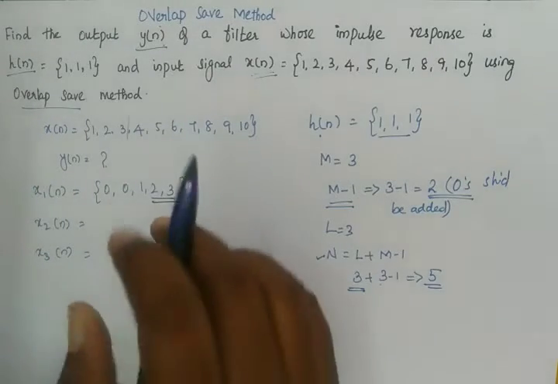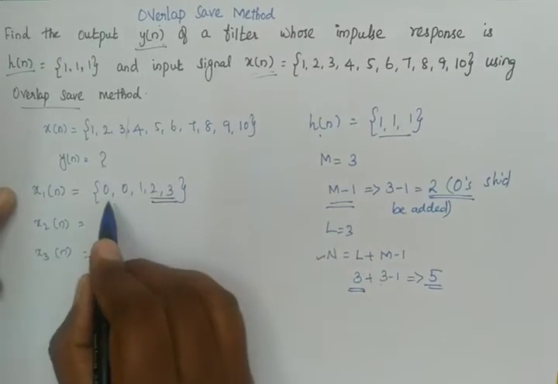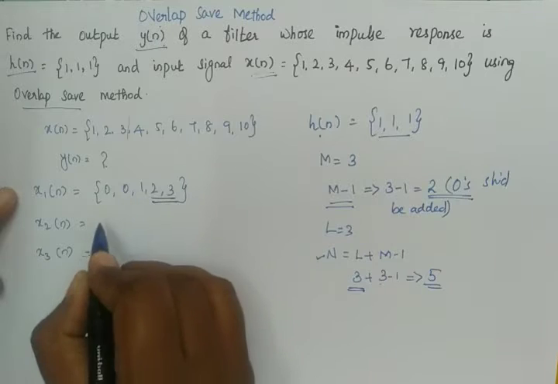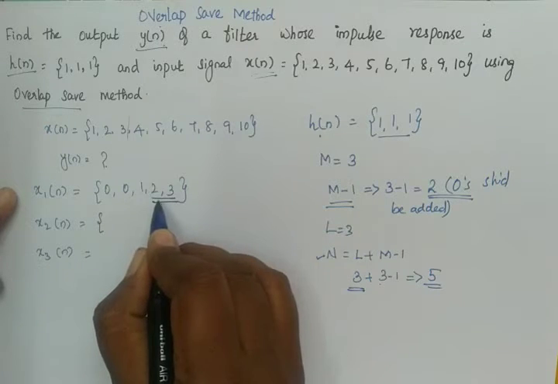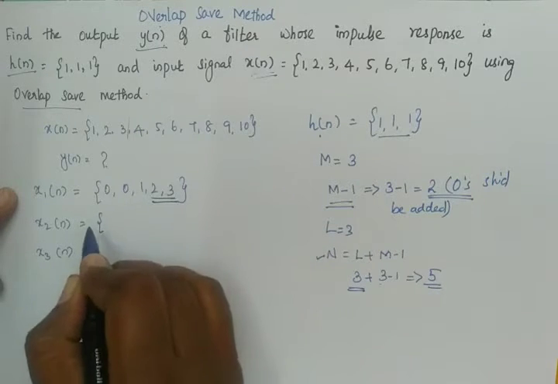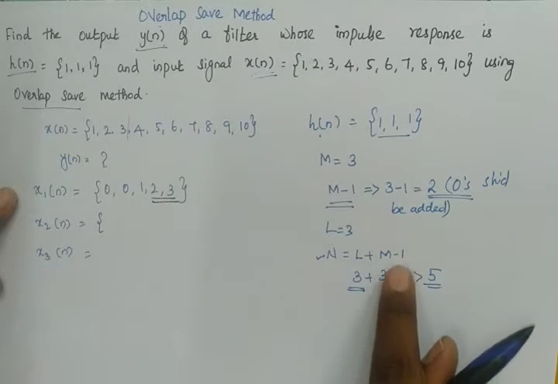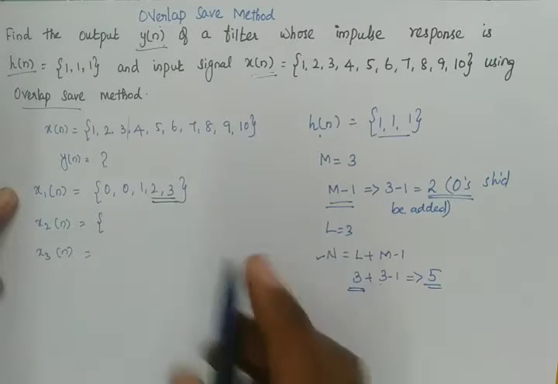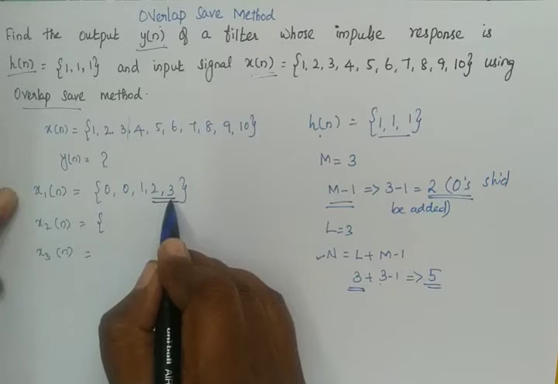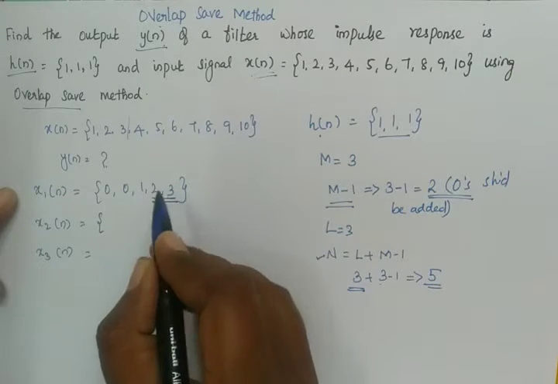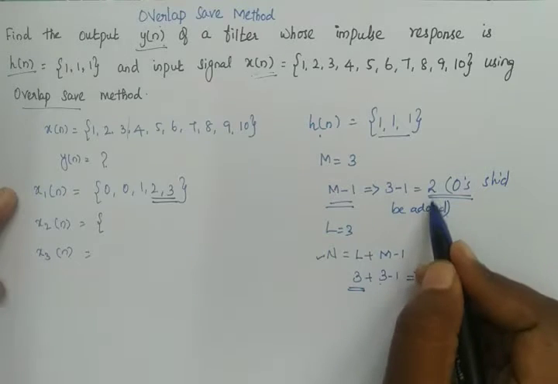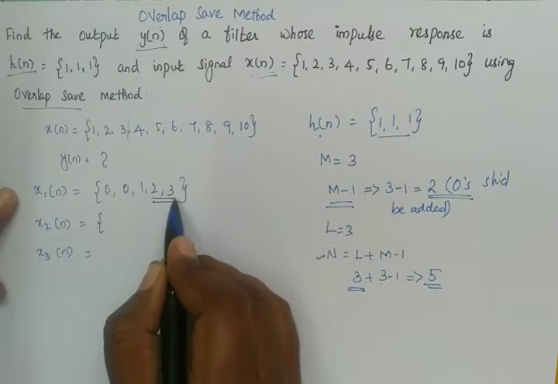In the overlap save method, we write 0, 0, 1, 2, 3. Then we have to use this 2, 3 again; we have to start from this 2, 3. If we were adding only 1 zero, we would start from the last number. Since we have added 2 zeros, we start from the last 2 numbers, that is 2, 3.